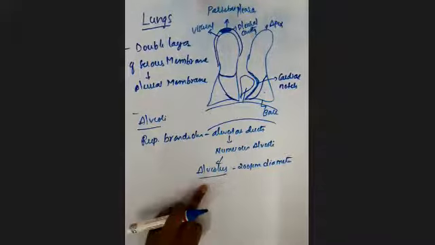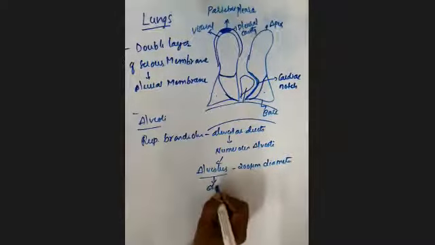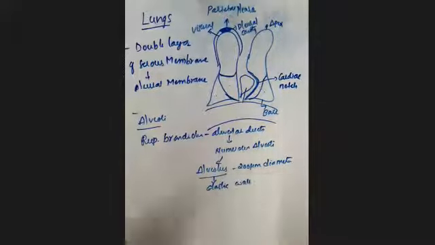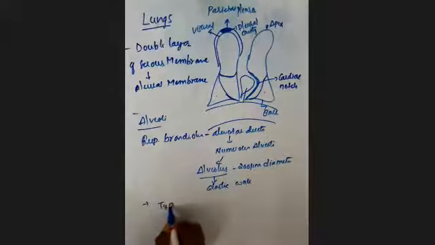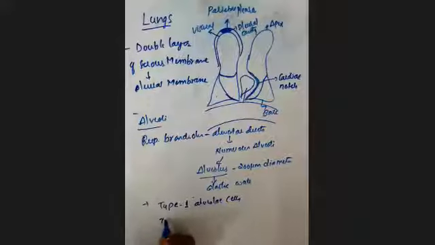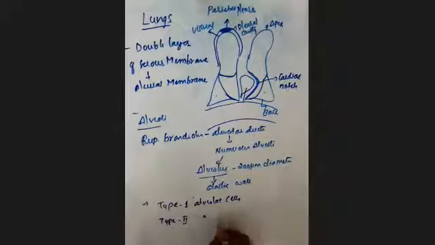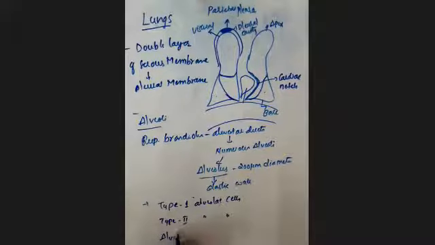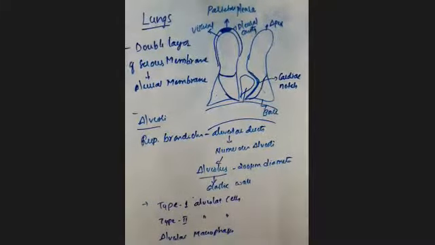Mainly the alveolus is made up of an elastic wall, and because of this elastic wall the surface area for gas exchange increases. Clear? The alveolar wall consists of three major cell types: type 1 alveolar cells, type 2 alveolar cells, and alveolar macrophages. These are the three types of cells present in the alveoli.